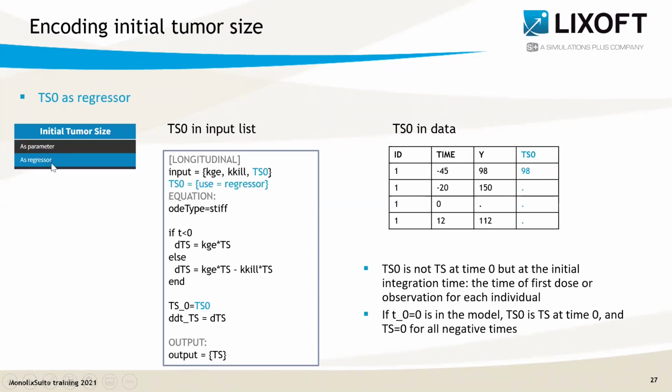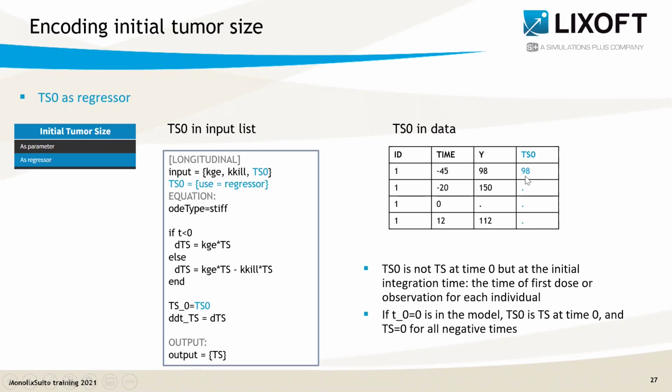The other option is to read TS0 directly as a regressor. This is an interesting option if you think that the initial tumor size does not follow a classical distribution that would allow describing the parameter in the population. In that case, the value for TS0 has to be included in the data set as a new column.